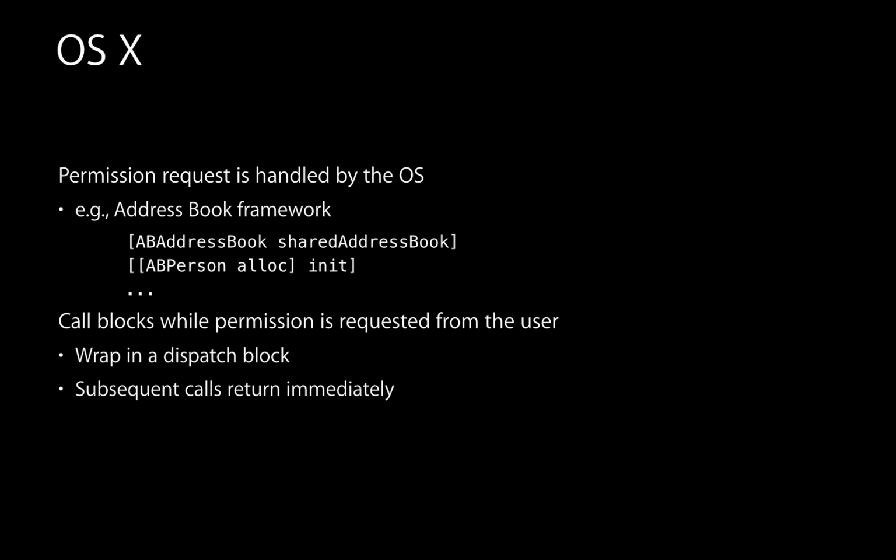On OS X, the calls are synchronous. So you're going to want to use Grand Central Dispatch and wrap the invocation in a block to keep the UI responsive while your user decides. After the user has made their initial decision, the APIs will return immediately.